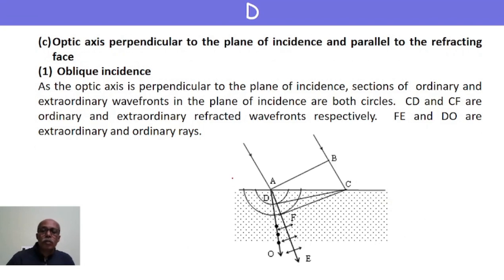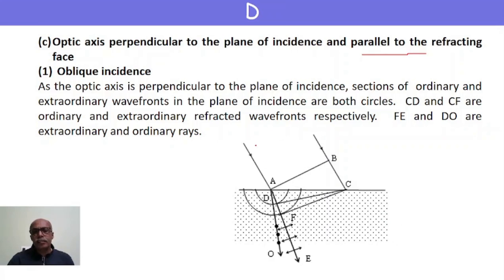Now coming to the optic axis perpendicular to the plane of incidence and parallel to the refracting surface. It is parallel to the refracting surface and perpendicular to the plane of incidence. These dots now represent the optic axis perpendicular to the plane of incidence.